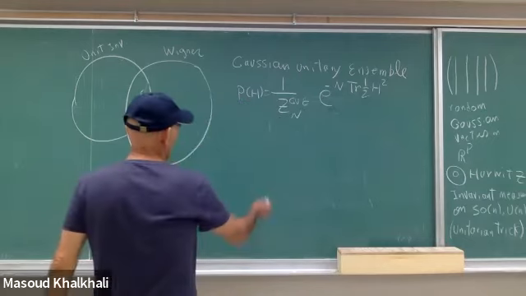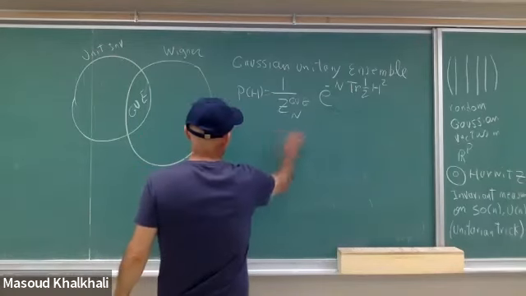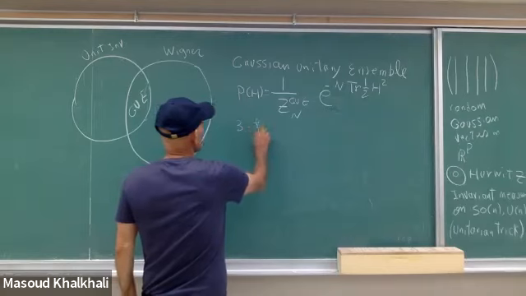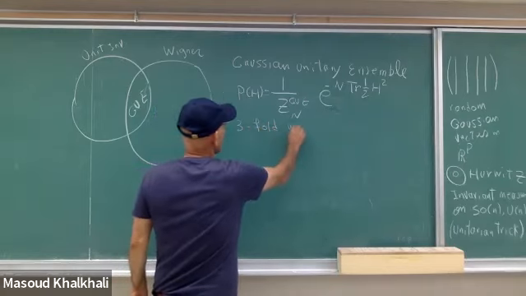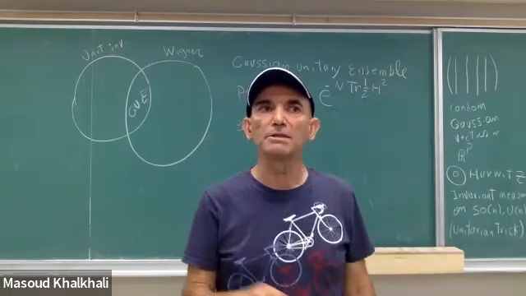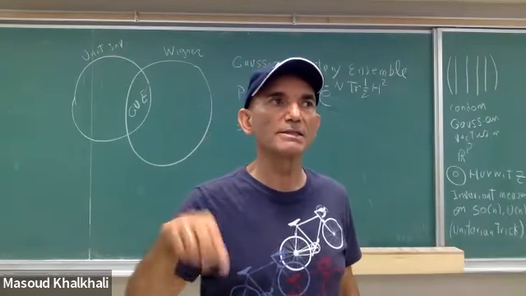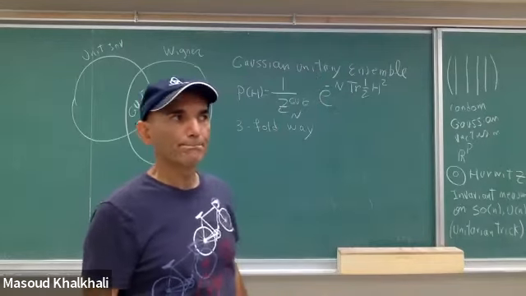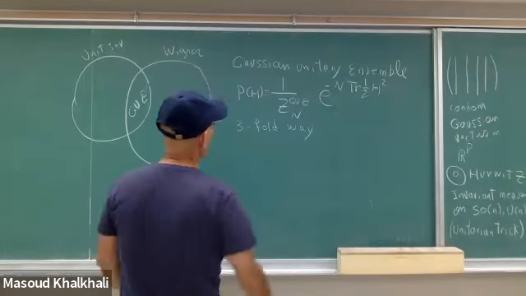So Wigner, or maybe Dyson, this is sort of a threefold way, so to speak. Each of these three skew fields of mathematics, R, C, and quaternions, has its own unitary invariant ensemble.